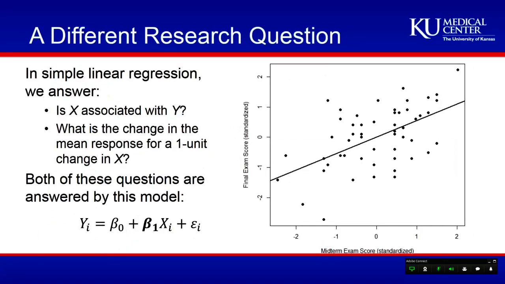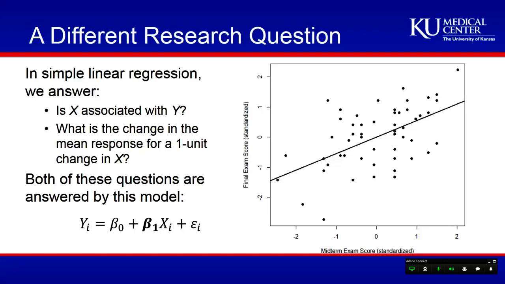When we do simple linear regression, again, we have an example here, the midterm or pre-test and post-test. We generally look at a scatter plot, visualize that a line is appropriate, and we're able to estimate that line, which gives us the ability to describe changes in a continuous outcome as a function of a continuous independent variable. And the research questions we answer in this framework tend to be about association.